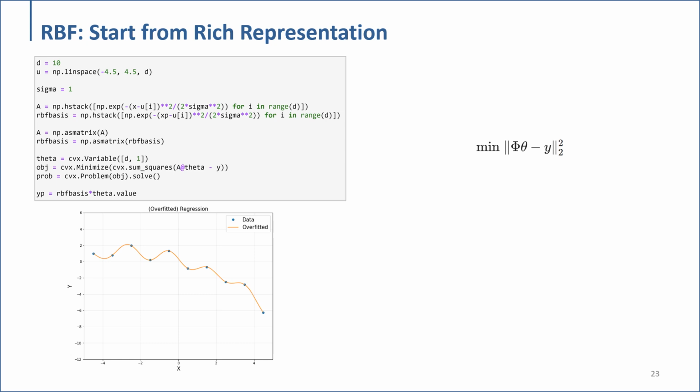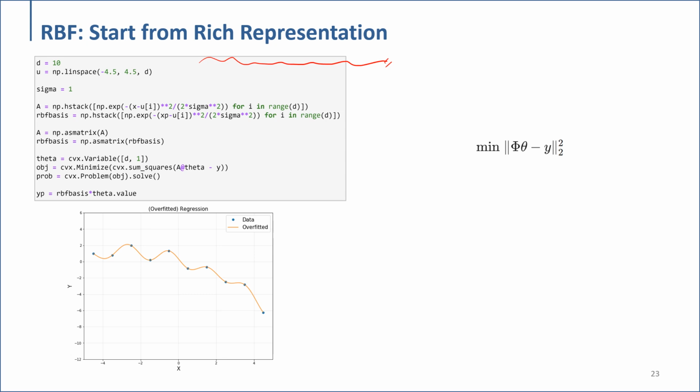Let's see how this regularization works to avoid the overfitting problem. For that, let's first start from a rich representation, which means we have too many expressive ways to represent the model, so it may cause an overfitting problem.